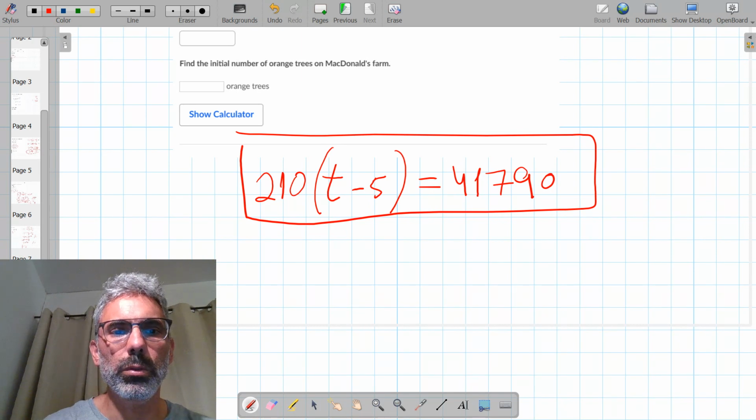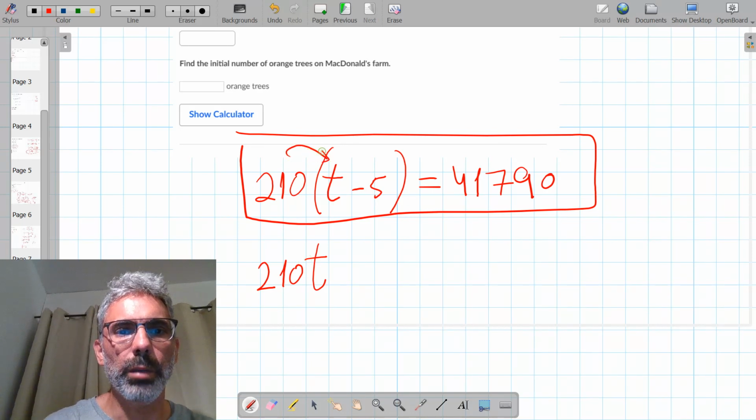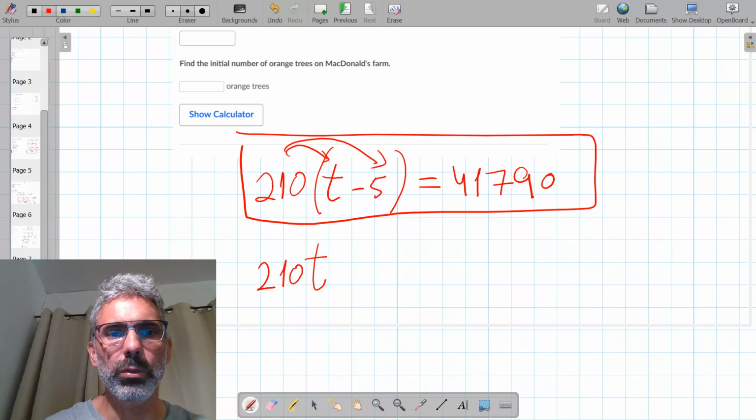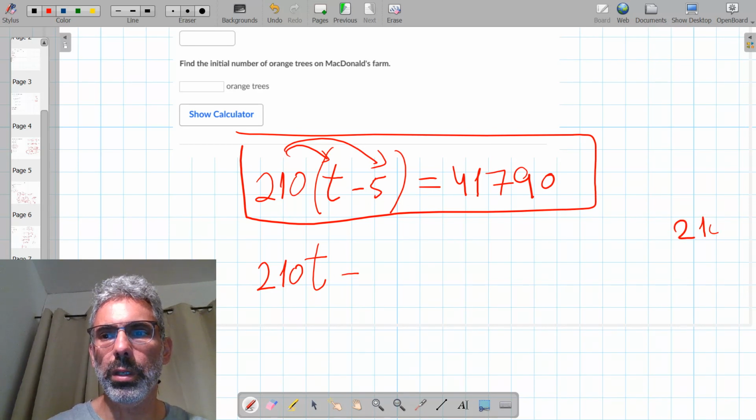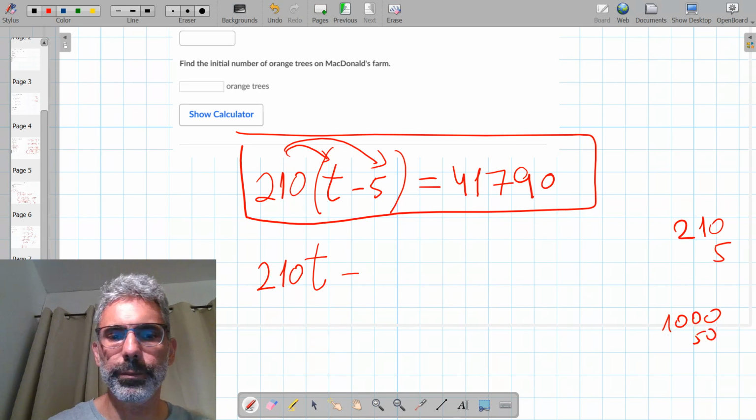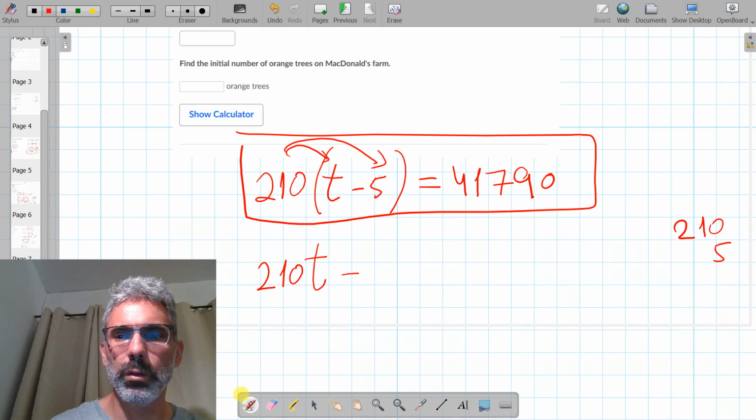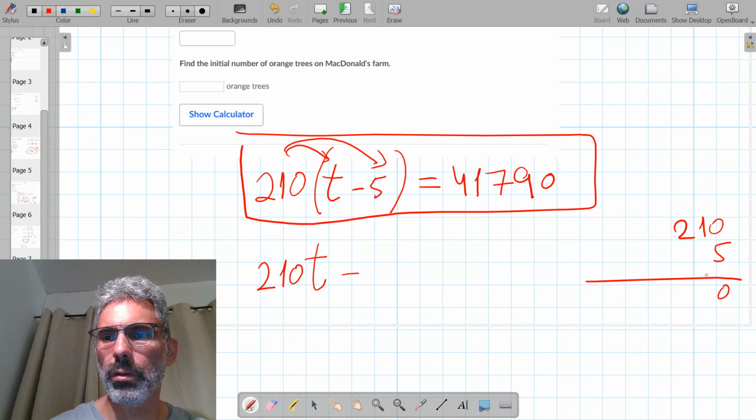So 210 times T, we apply the distributive property to both terms in the parentheses, so 210T minus 210 times 5 is 1,050, right? Times 2 is 10.